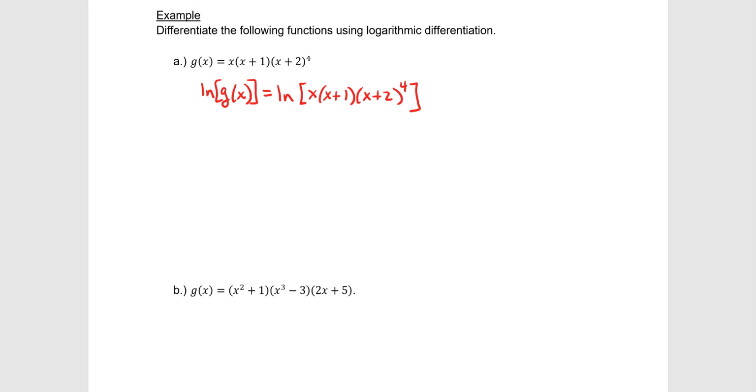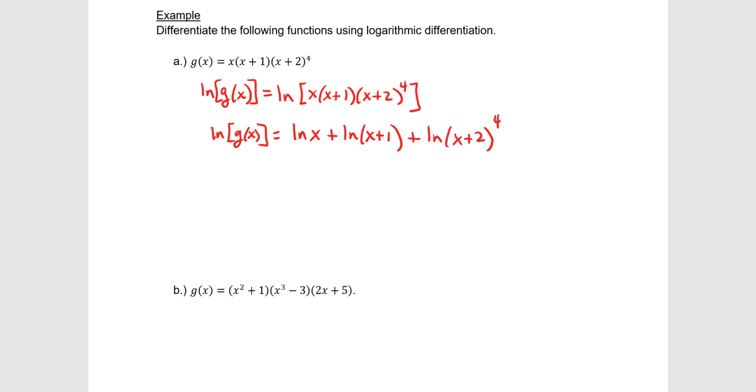Before we take the derivative, what we have to do, let me just rewrite that. We'll come back to that in a second. Before we take the derivative, we have to rewrite the right-hand side using the product rule. That's going to be the ln of x plus the ln of x plus 1 plus the ln of x plus 2 to the 4th.